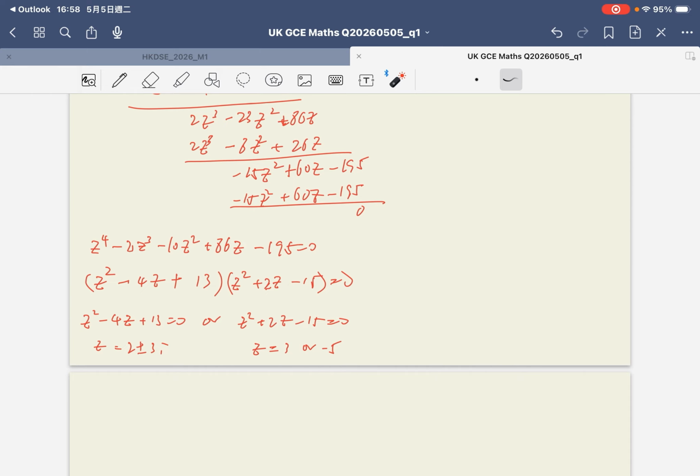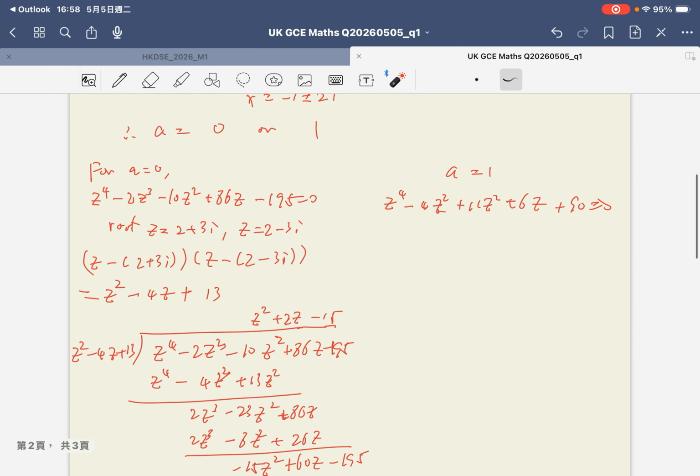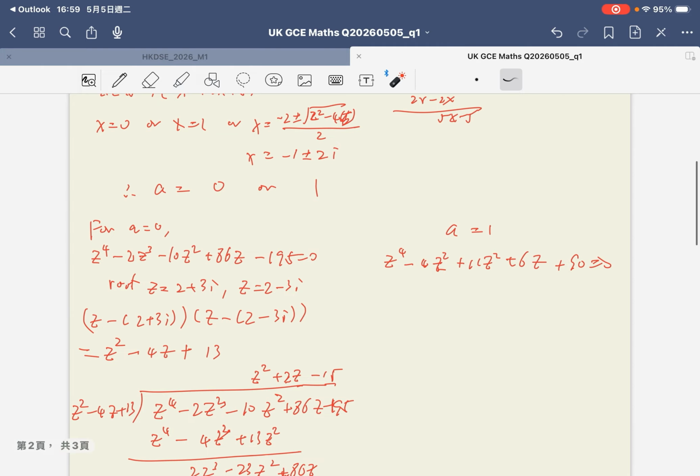And for a equal to 1, then the root here should be a plus 2 plus 3i. In this case, the root is equal to 1 plus 2 plus 3i, that is 3 plus 3i. The other root is 3 minus 3i.